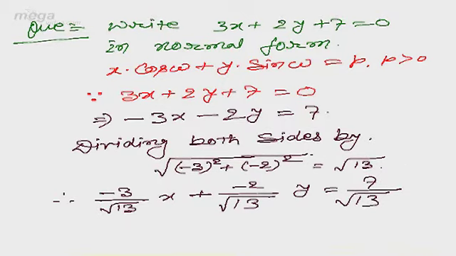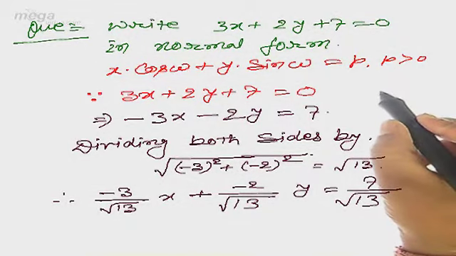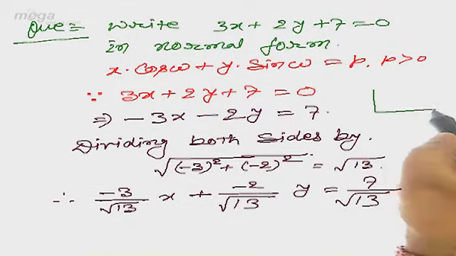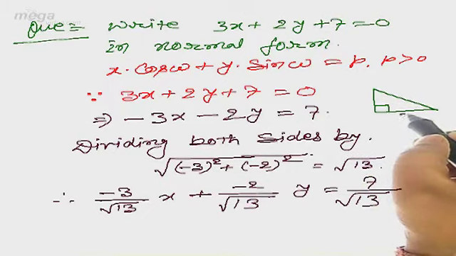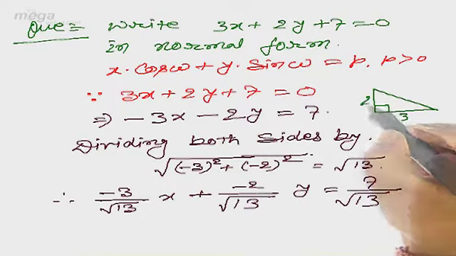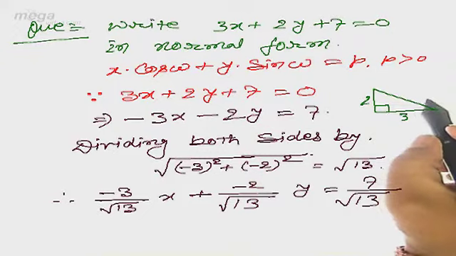In your mind, maybe this question will arise: why are we dividing by root 13? Why are we dividing by root under minus 3 square plus minus 2 square? So student, I am taking a simple thing. Suppose you are drawing a right-angled triangle in which one leg is 3, one leg is 2, then what will be the length of the hypotenuse?